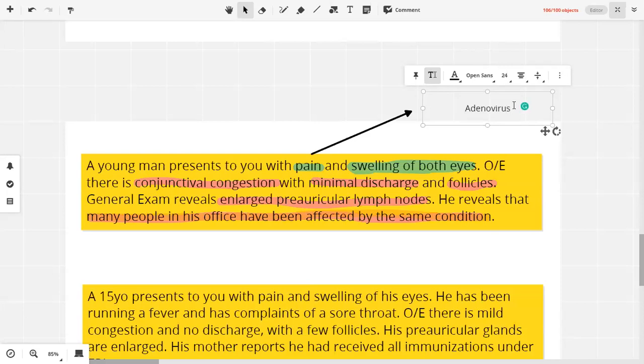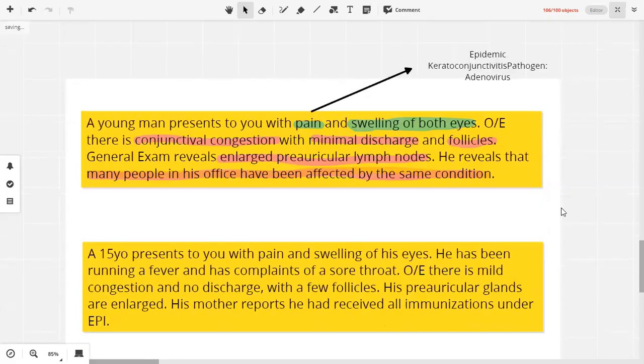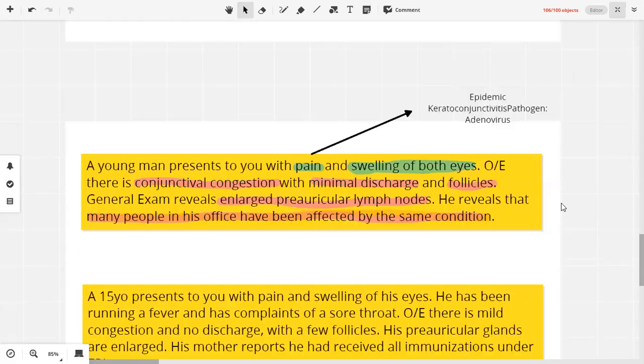The pathogen is adenovirus, but the disease is called epidemic keratoconjunctivitis. This is epidemic keratoconjunctivitis.